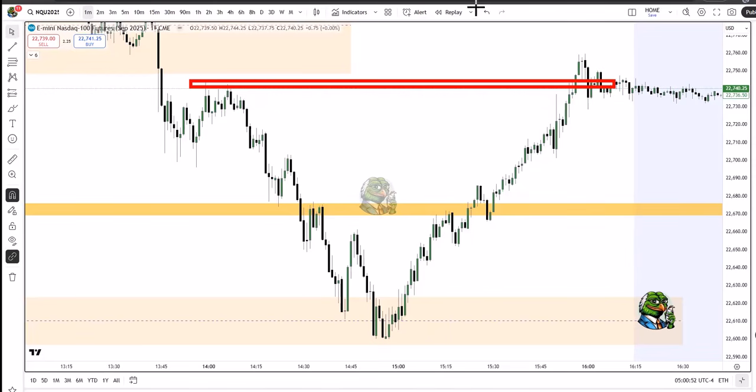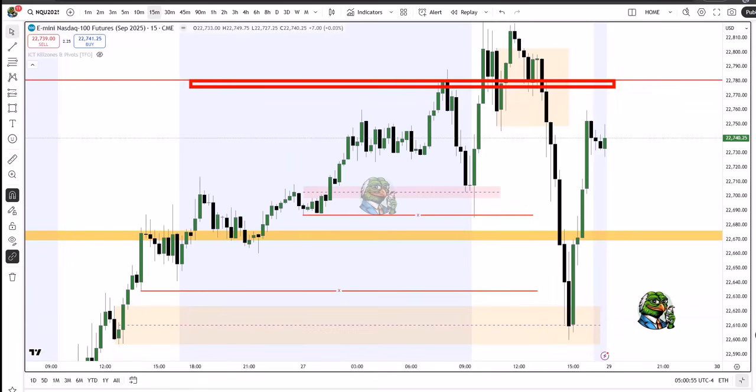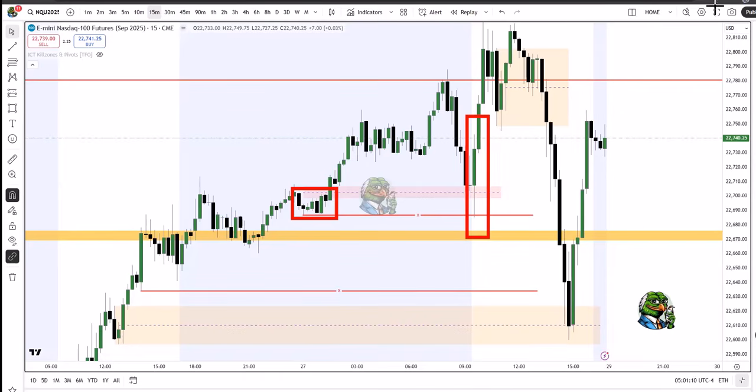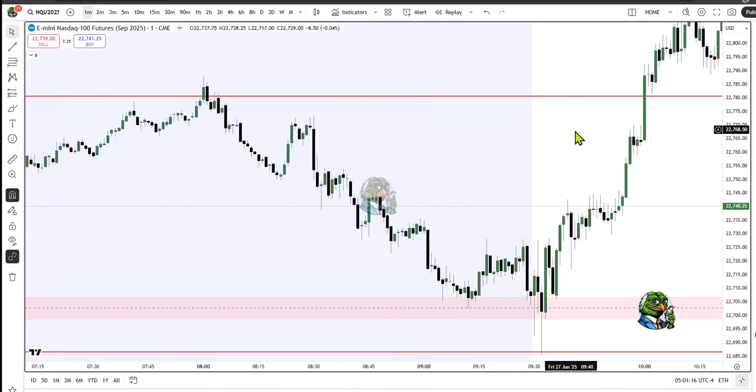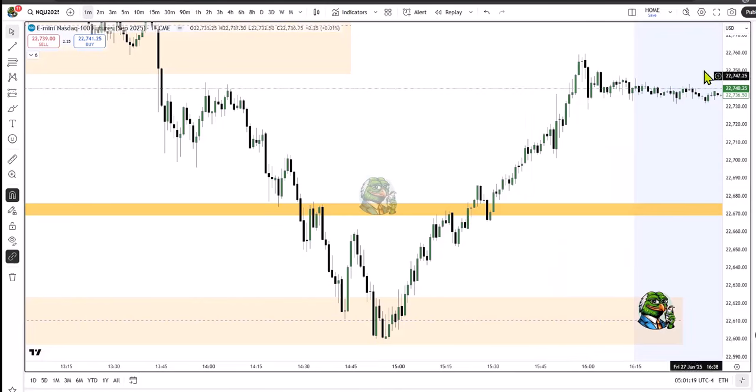So if we go back to this chart, when I was short, my target was beneath the original consolidation, equal lows there, just down to those equal lows. So when I'm long, then I am looking for equal highs in a market maker buy model. So you can see that's why the exit will be there.